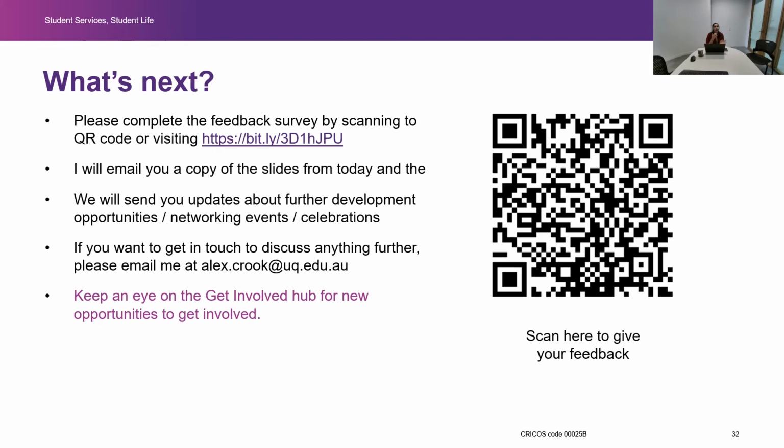If you're part of the Get Involved cohort, you've registered, you can see that there are lots of different opportunities coming up all the time, whether it's volunteering, mentoring, or rep and voice stuff. That's a really great way to be across the different opportunities that you might want to be a part of, or that you can say, oh, that's happening in another part of the uni. Good to know, because that was something I was thinking about as well.